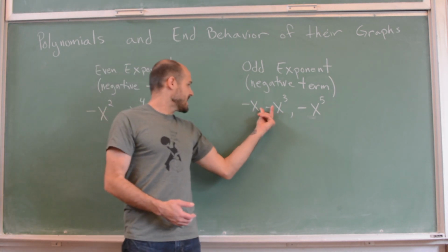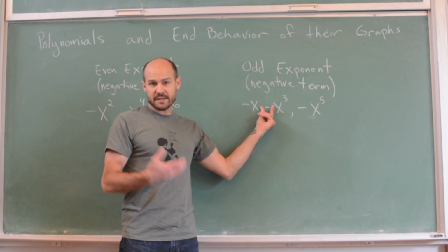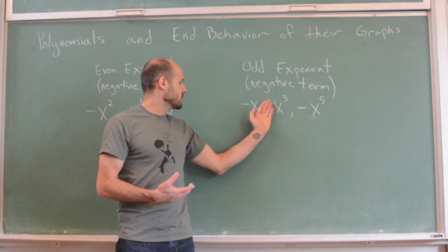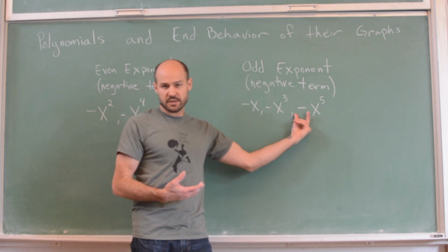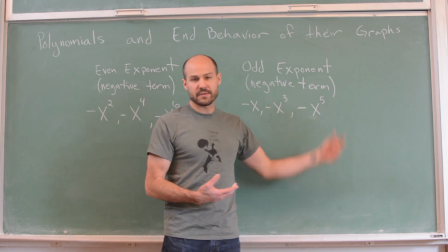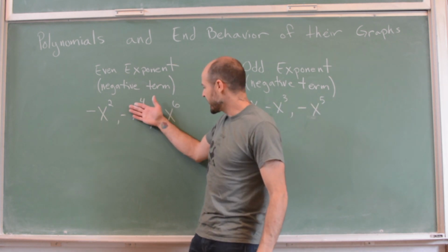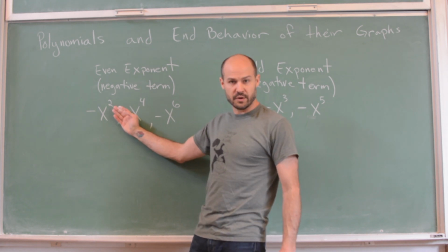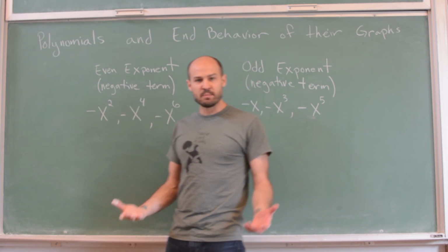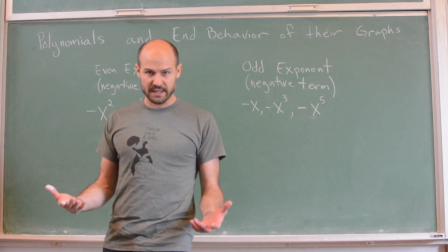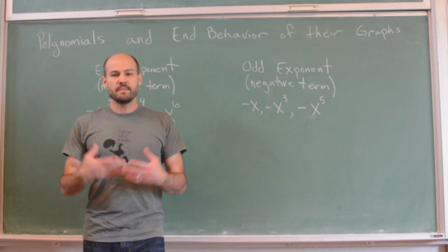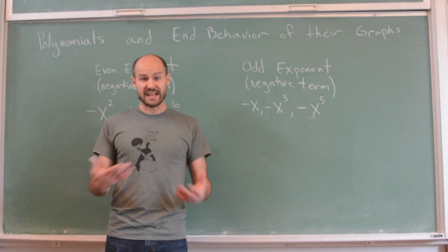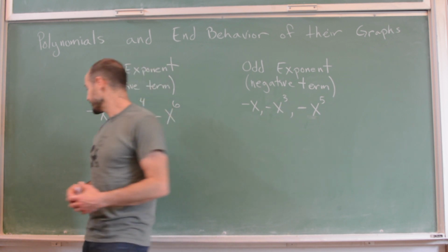The negative is affecting this term after we do the cubing. This negative affects this term after we raise it to the fifth. Same is true over here. This negative affects this term after we raise the value to the fourth degree. So anytime we multiply by a negative, and that's basically what's going on here, the sign of the value is going to switch.